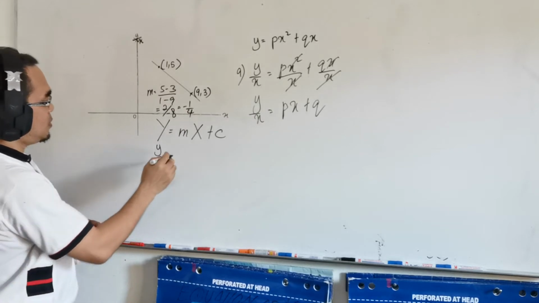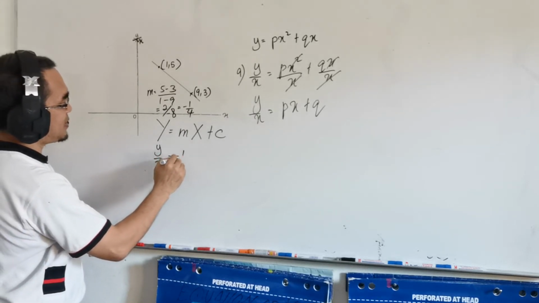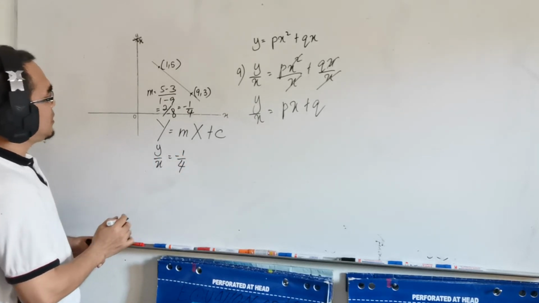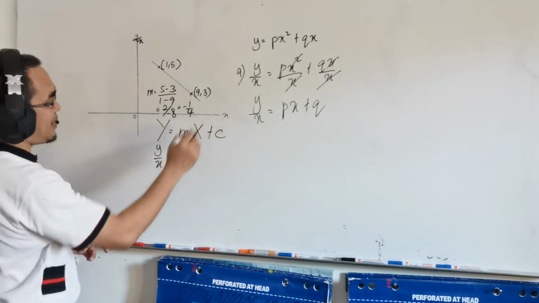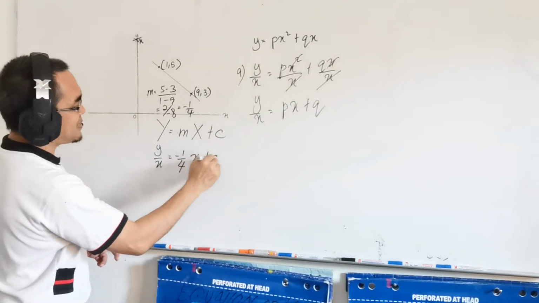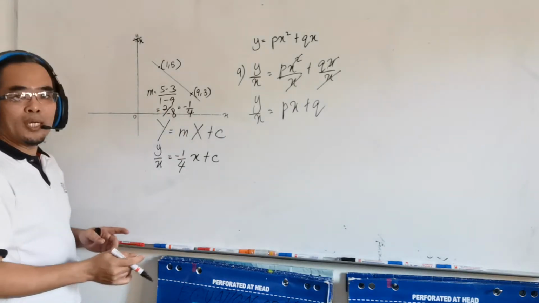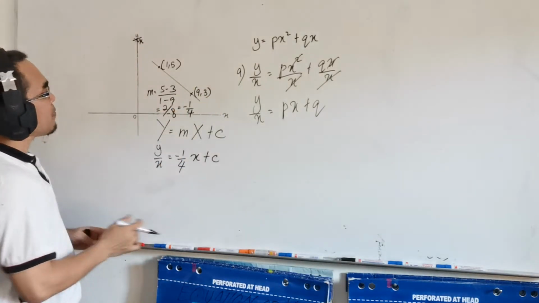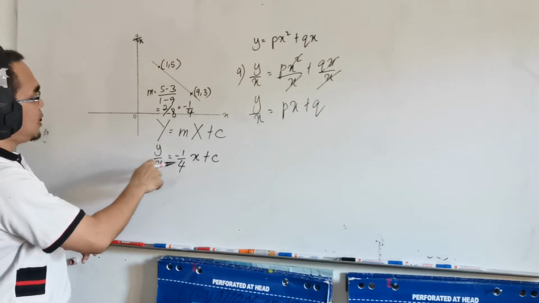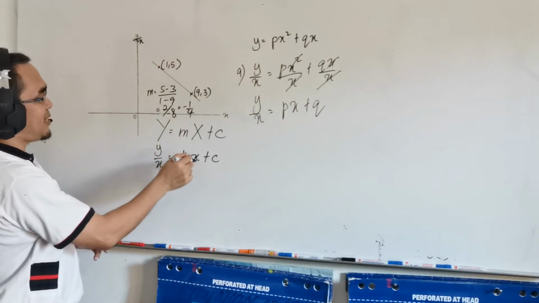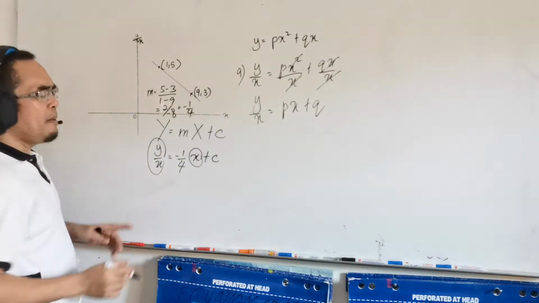So the gradient is negative 1 over 4, and then x plus c. We have to substitute one of the coordinates into y over x and x.